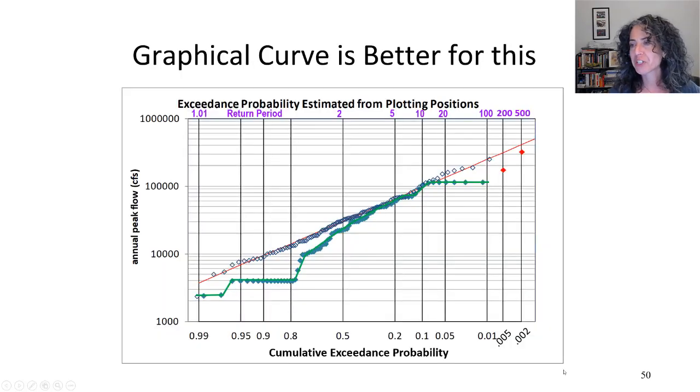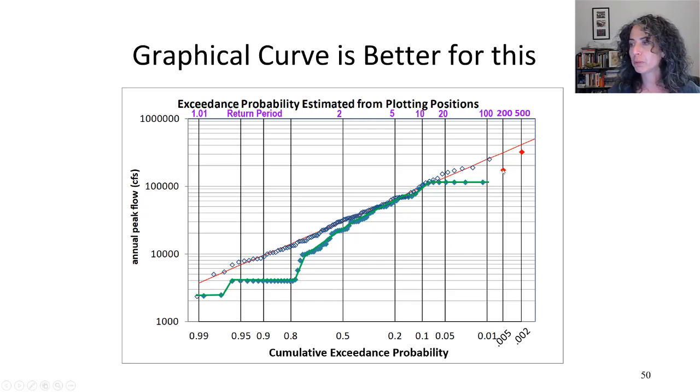Okay. What that's going to look like on the graphical frequency curve that we were interested in extending, if you remember from the previous part of this lecture from part 1, in that we had the historical record plotted as these blue diamonds and were unable to extrapolate beyond the channel capacity.